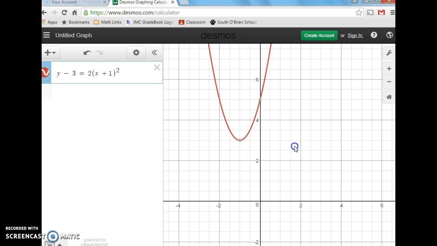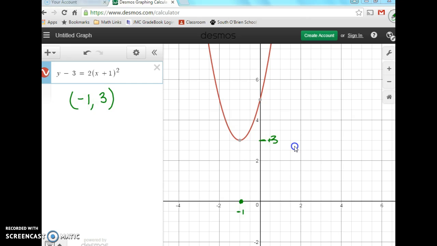this is my graph. Now notice on my graph, I don't have any roots. It doesn't cross the x-axis, which is fine. But based off of this, my vertex was supposed to be at -1, 3. And if I look over here, this is at -1, and this is at a +3.